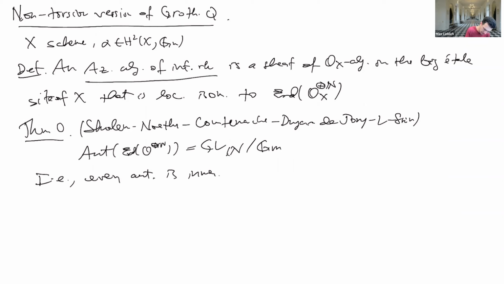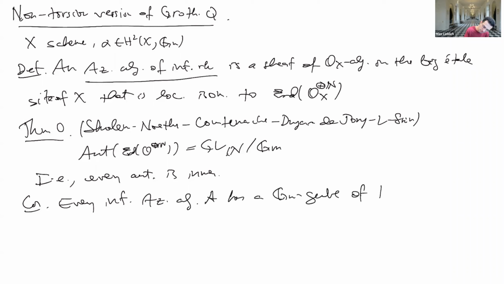And the scalars are the center, the things that die when you take the conjugation. All right, so corollary: every infinite Azumaya algebra A has a G_m-gerbe of trivializations. And of course, computing the cohomology of G_m, you can do it on the big site, you can do it on all the different sites. So we're not changing what the cohomology target is when we do this.